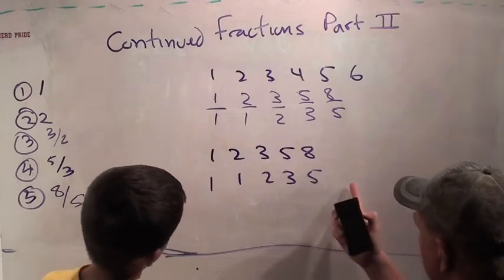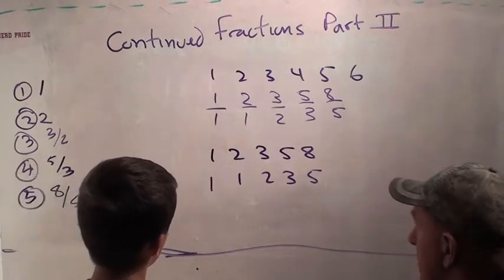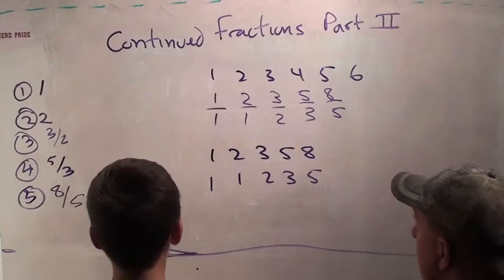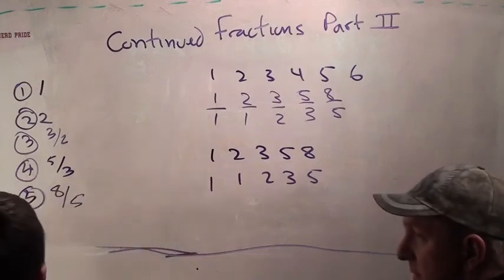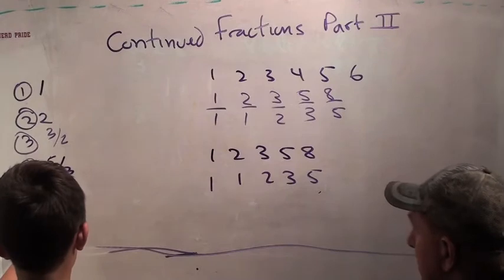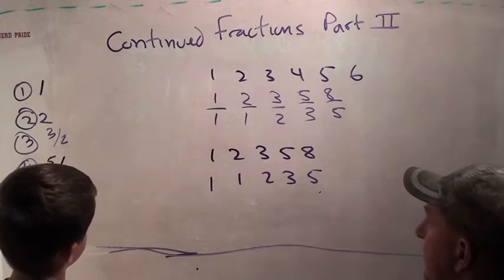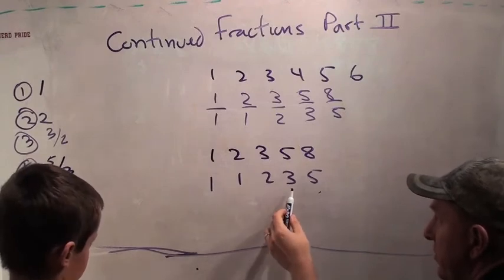So what would you guess the next number is going to be down here on the bottom of the fraction? Look at what the numbers are on the bottom of the fraction. 1, 2, 3, 5.